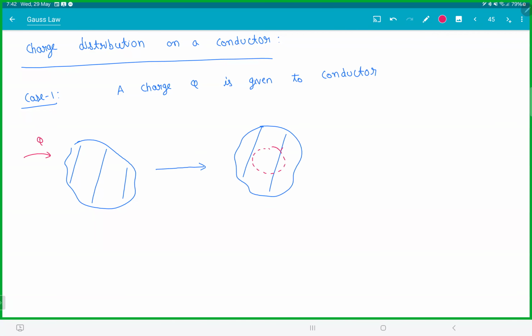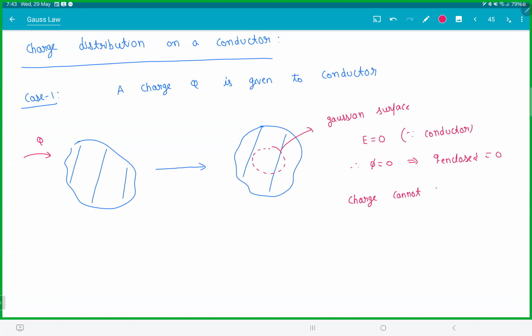Take a random Gaussian surface. We know since it is a conductor, field is zero. Therefore, flux is zero. This implies charge enclosed is zero.